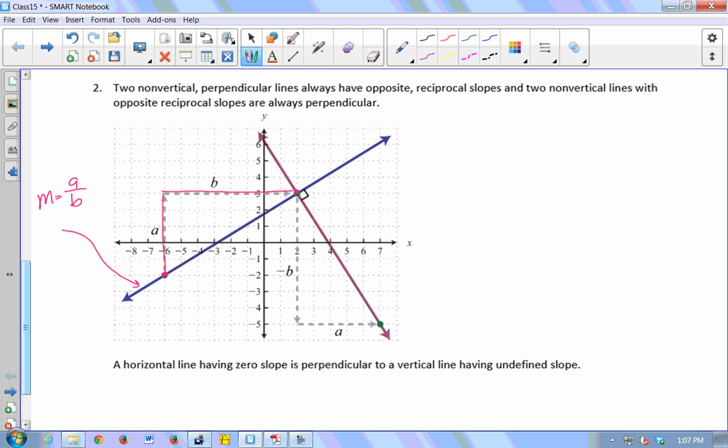And then this pink line that I drew perpendicular to it, to get from this point to this point, we go down B and right A. So the slope of that line is -B over A. Flipped the fraction, made it negative. A horizontal line that has 0 slope is perpendicular to a vertical line that has undefined slope.